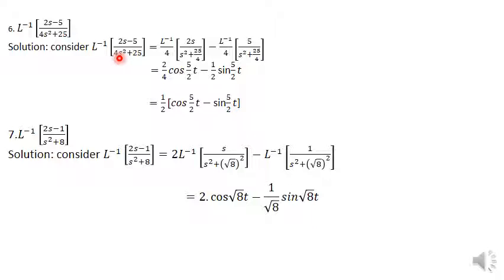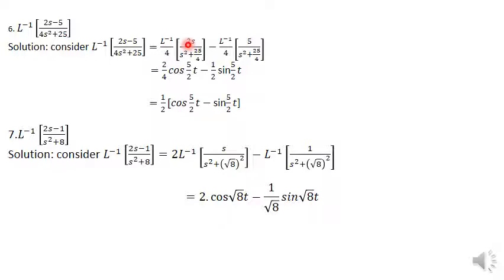For that purpose we take 4 outside, then the denominator becomes s square plus 25 divided by 4, right. Then we split the denominator for both the terms 2s minus 5 like this. Now this becomes 2 divided by 4, take 2 divided by 4 outside as it is a constant.